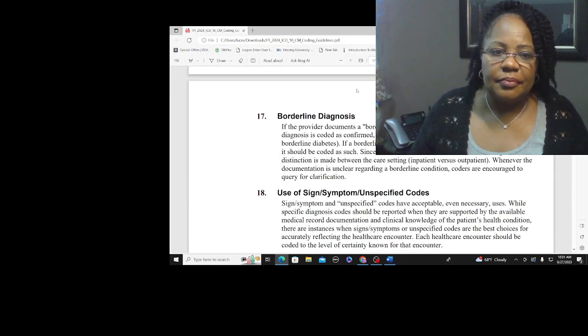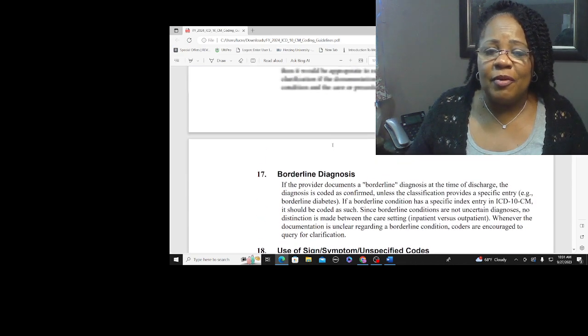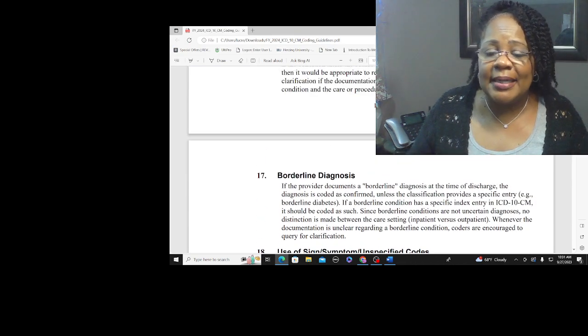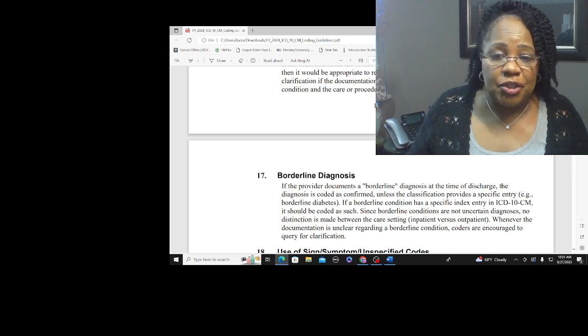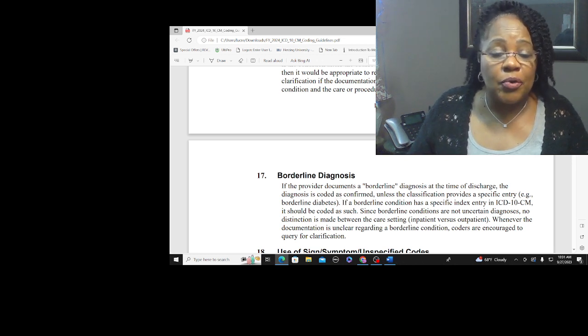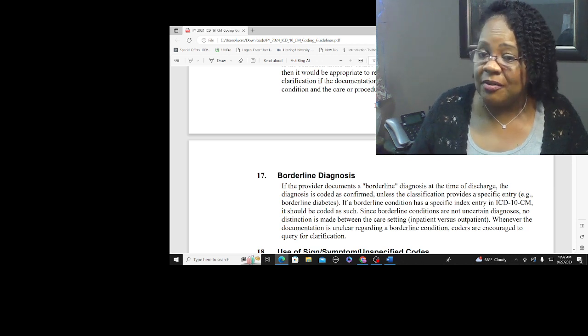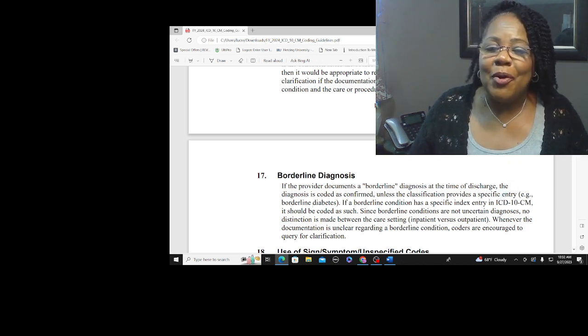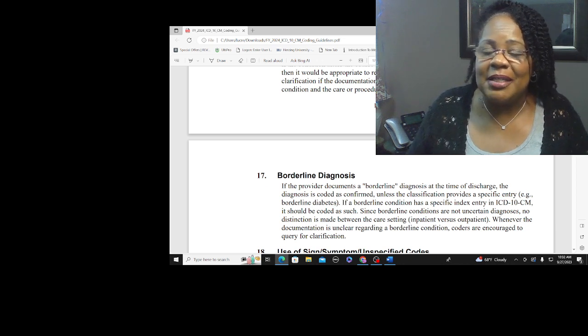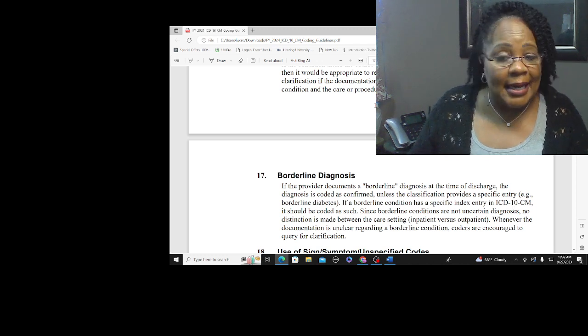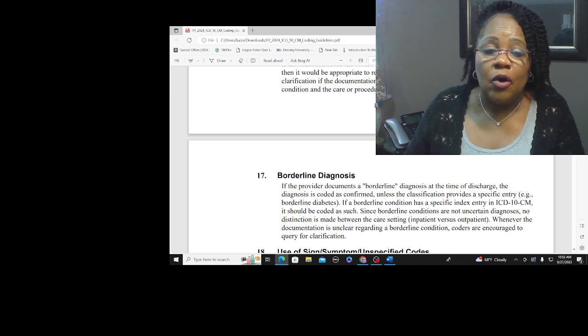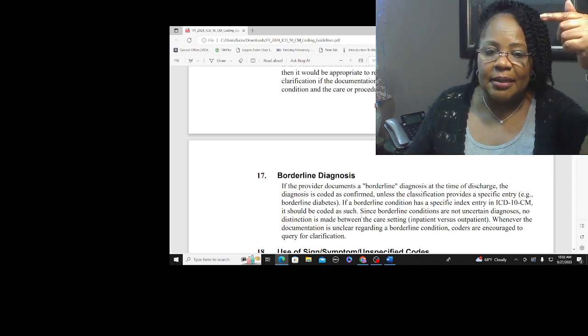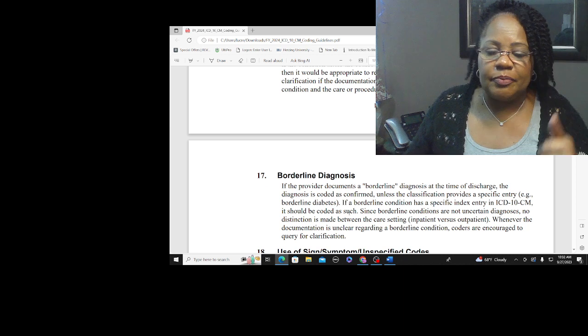Borderline diagnoses. If the provider documents a borderline diagnosis at the time of discharge, then the diagnosis is coded as confirmed, unless the classification provides a specific entry. For example, borderline diabetes. I think we hear that quite a bit. If a borderline condition has a specific index entry in ICD-10-CM, it should be coded as such, borderline diabetes.